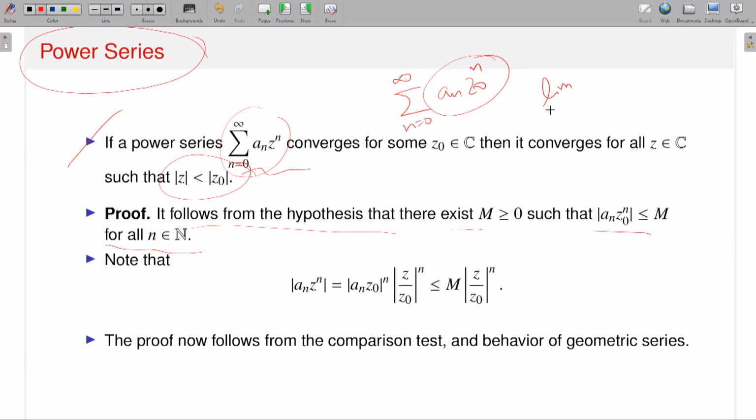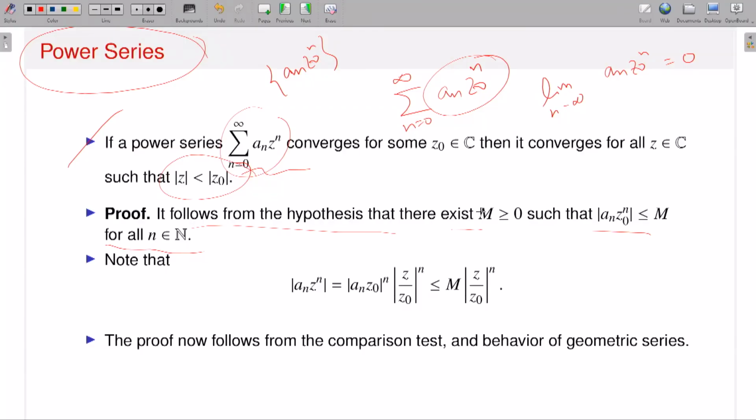So you can say that the limit as n approaches infinity of a_n z naught to the power n is 0. Now this sequence a_n z naught to the power n is a convergent sequence converging to 0. If it converges to 0, then it is a bounded sequence. So there exists an M such that a_n z naught to the power n is dominated by M for all n.